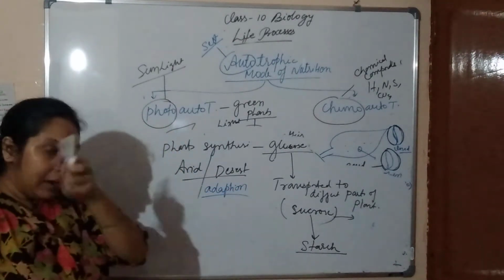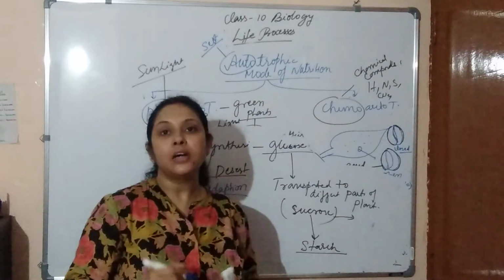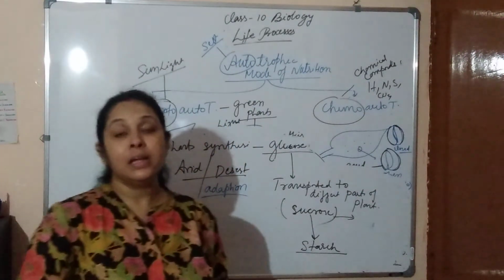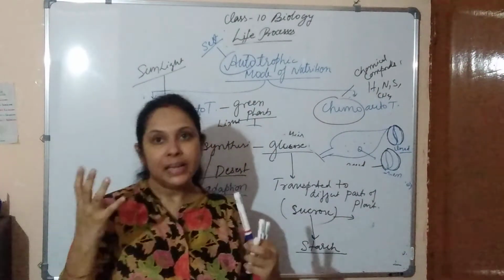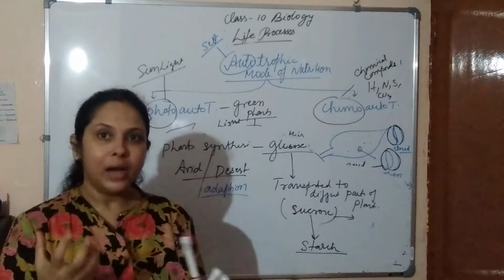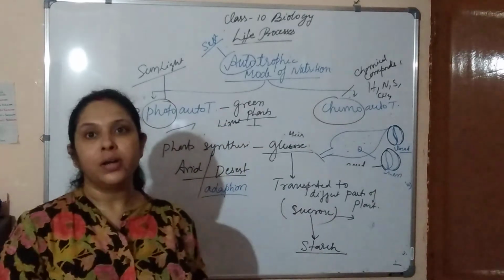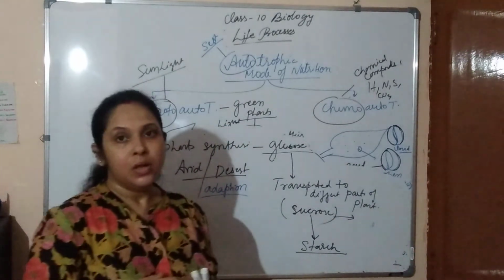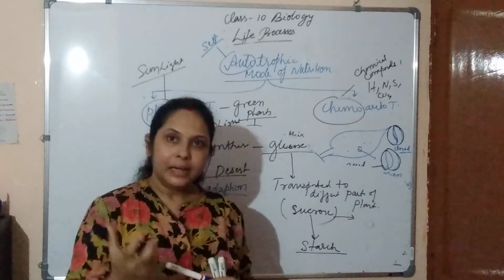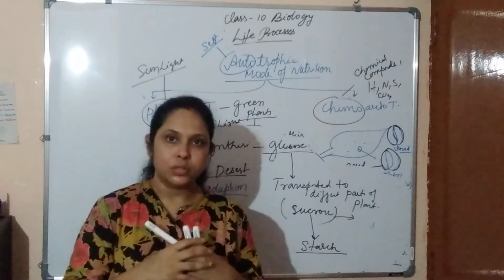Because in the daytime the stomata are closed, due to the very arid condition, they have to conserve water in the body. So in the daytime the stomata are closed.